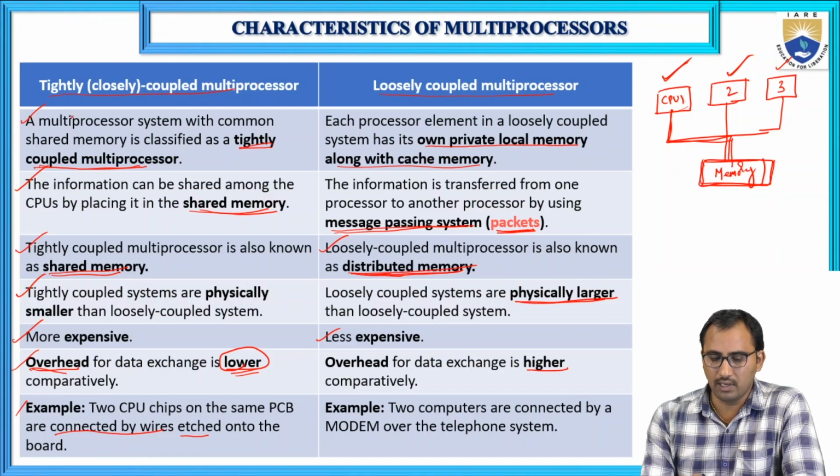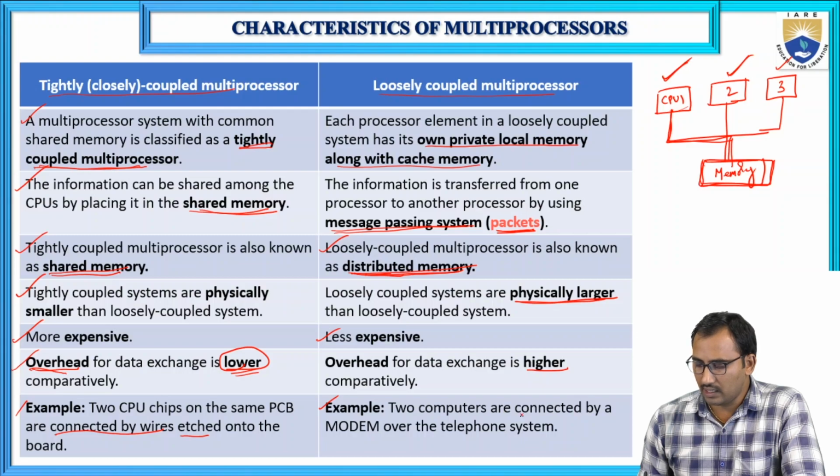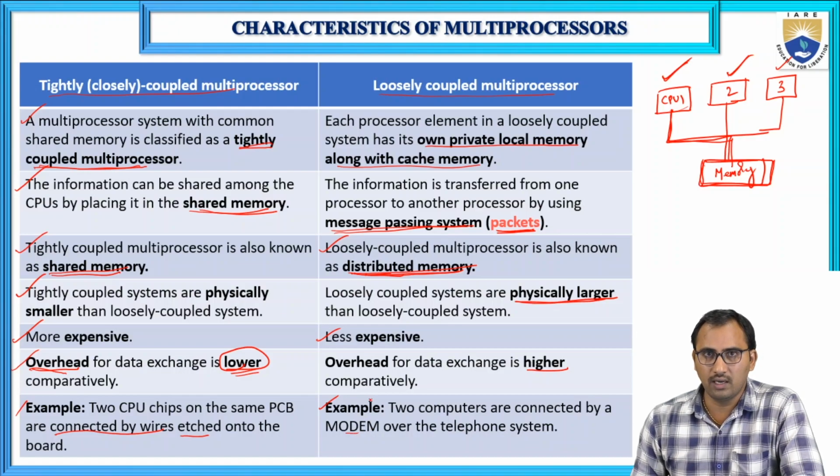Whereas in a loosely coupled multiprocessor, two computers are connected by a modem over the telephone system. Okay, so these are the differences between the tightly coupled multiprocessors and loosely coupled multiprocessors.